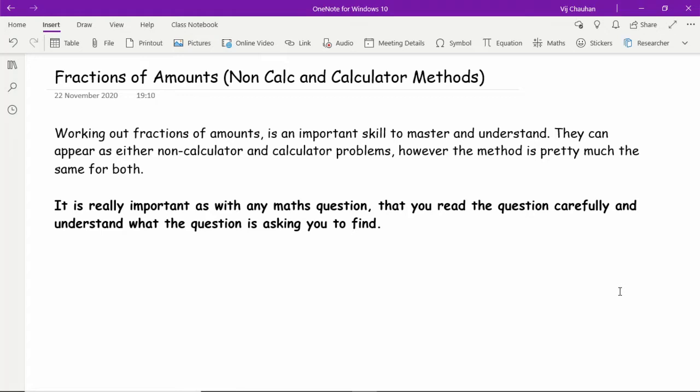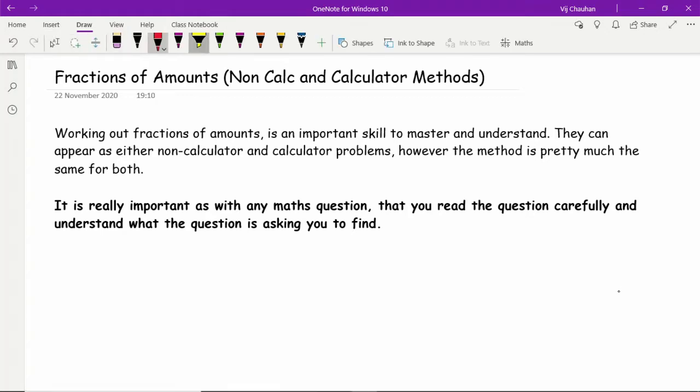same for both. Now I can't stress this enough: particularly when dealing with fractions, like with any maths question, it's really important that you read the question carefully. Even as a maths teacher, if I'm in a rush or not concentrating, I can simply misinterpret what the question is asking by guessing based on what numbers I can see and what format it's written in.